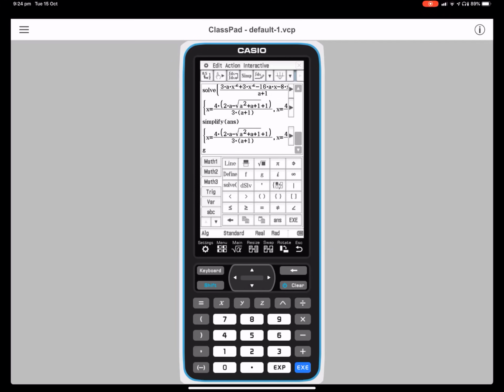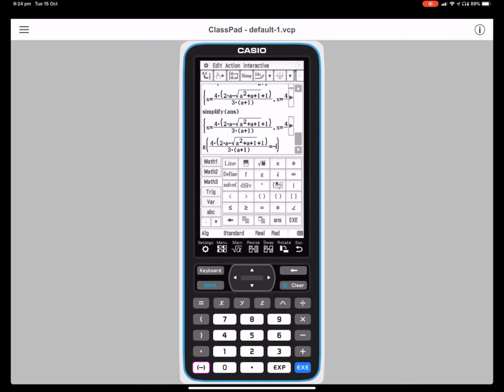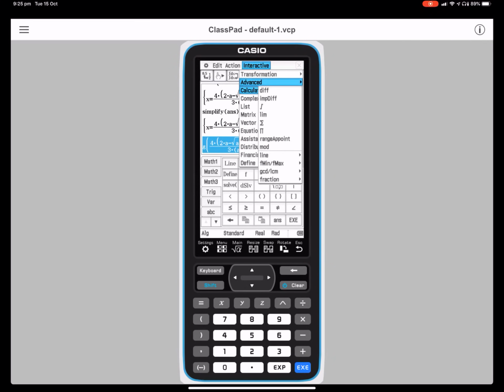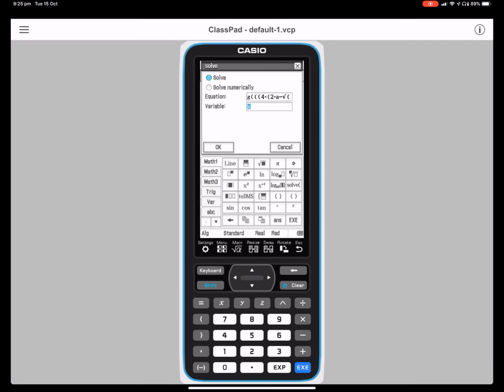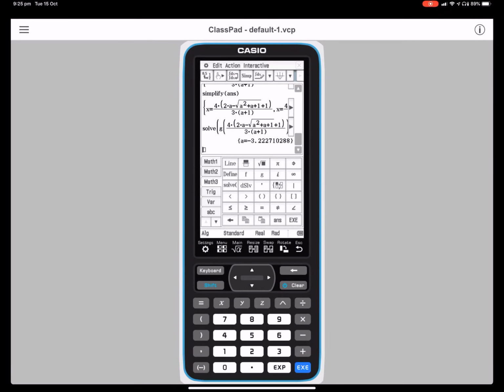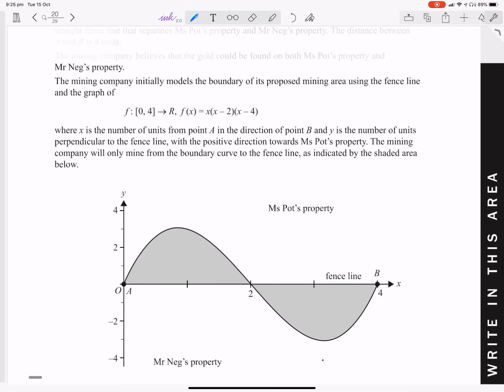So if g of that equals negative 4, that'll give us the value that a can be. Solve for a. Which function is he?